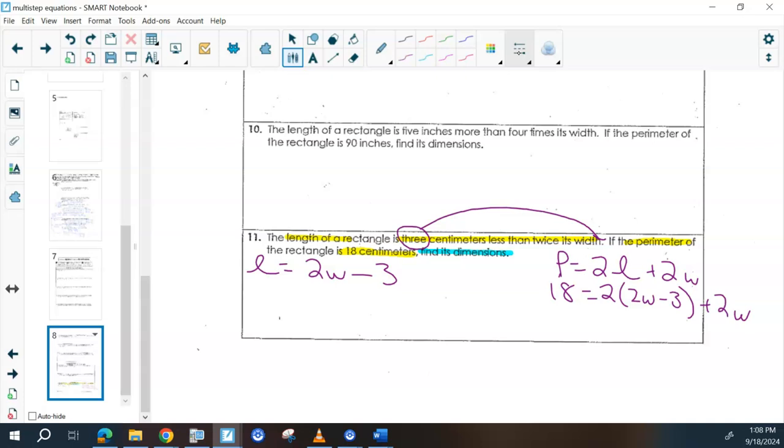The L. This is a cursive L. So then from this point we could solve it by doing what? Distributing the 2 to everything there.